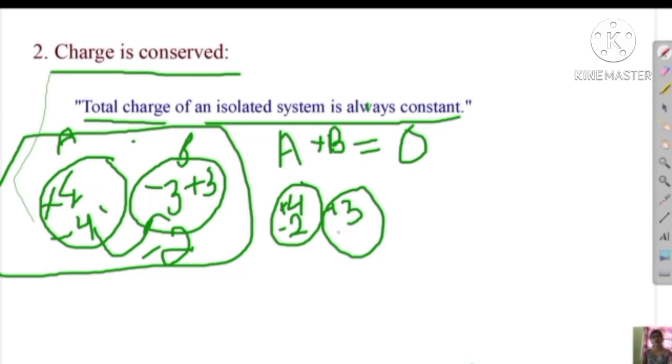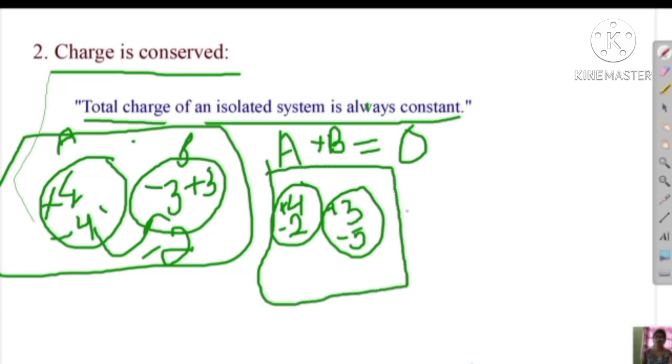The number of electrons in body B is 5 after the transfer. Now let us find the total charge of the system. The total charge of the system is A plus B. We have to add the two bodies as we are considering the whole system.